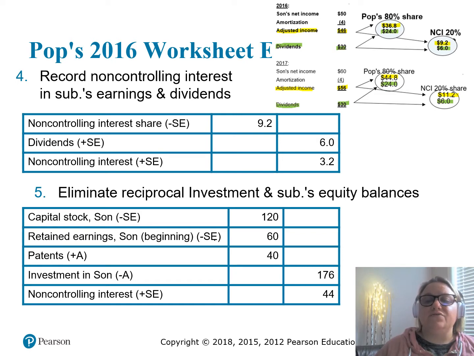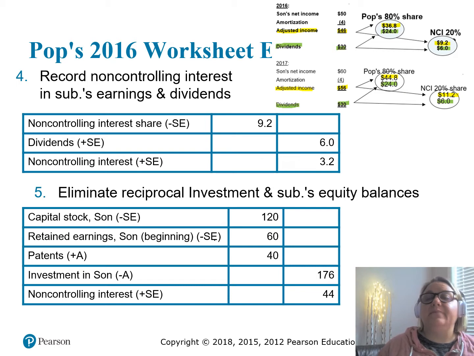Don't get confused and grab from the wrong year. And then again, non-controlling interest, 3.2. This is a plug right here, plug. That is the word plug, okay?